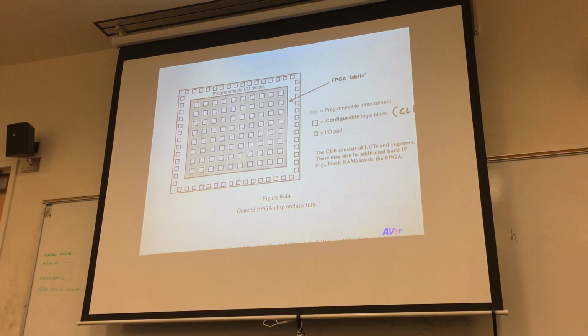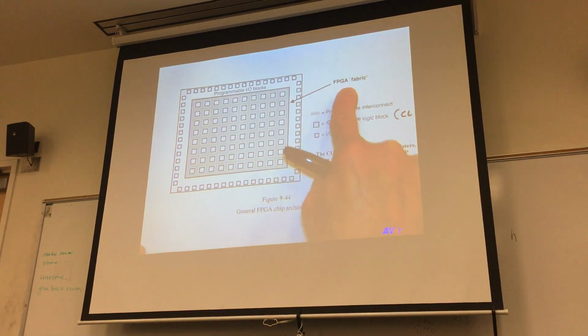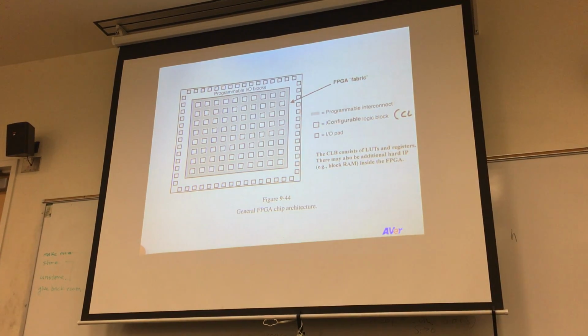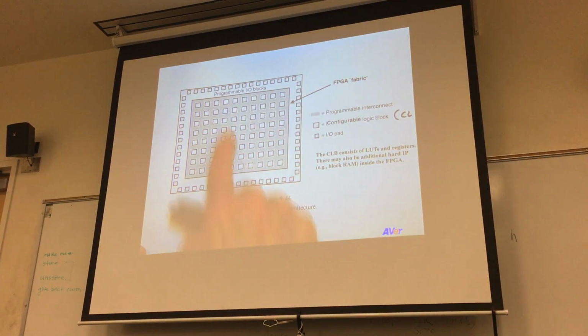Well, if we call his shirt made out of fabric, this lattice of configurable logic blocks is commonly referred to as the FPGA fabric. So when they're talking about the fabric of an FPGA, they're talking about a lattice, a matrix, if you will, of configurable logic blocks. We'll see what a configurable logic block architecture looks like shortly.